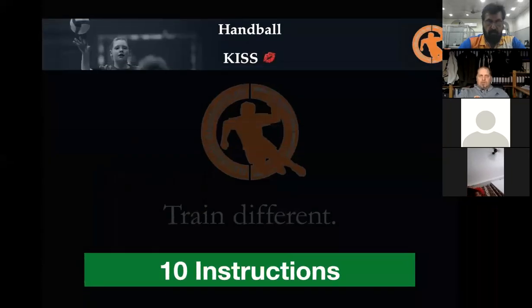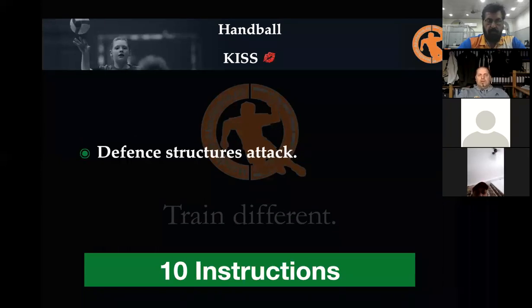Second instruction was about the relation between attack and defense. And in the first, we said defense structures attack. So it's always a big difference to play against an open defense or a defensive defense. We used to have sessions about open defense like man-to-man, sinking man-to-man, 3-1.